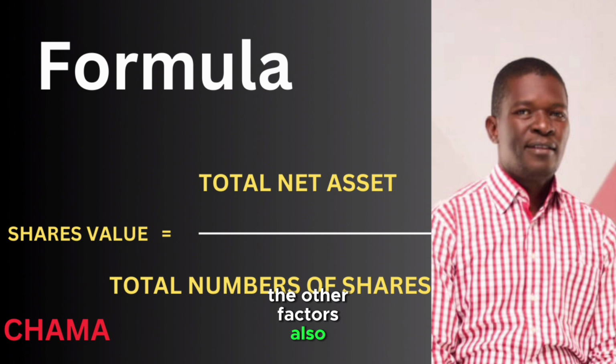The other factors that are supposed to be considered while calculating the value of shares, and some of them are asset valuation. How assets are valued, like if your CHAMA has properties, investments, you need also to know the value of this asset before you calculate the value of each and every share, and that one will take place every financial year, because some properties appreciate and some properties depreciate.